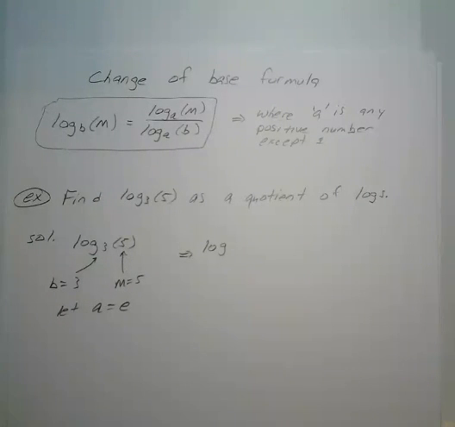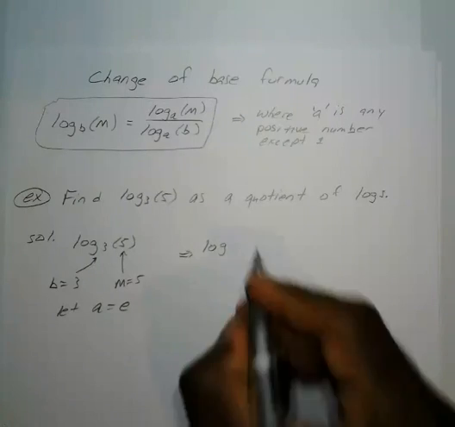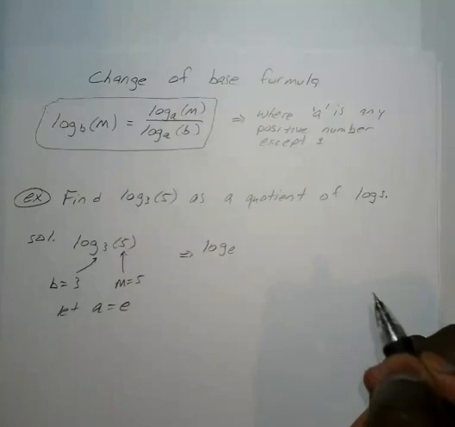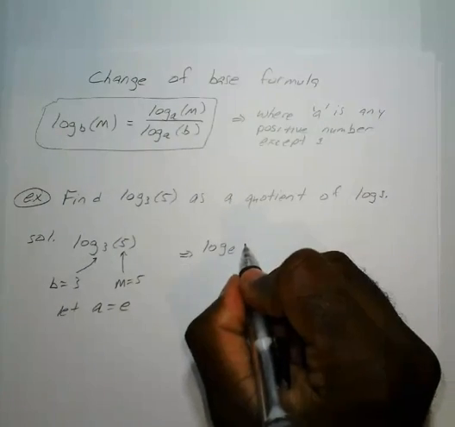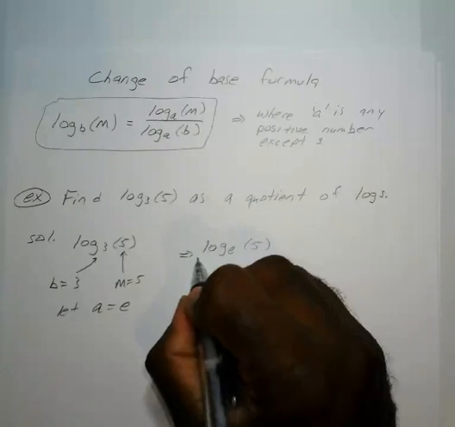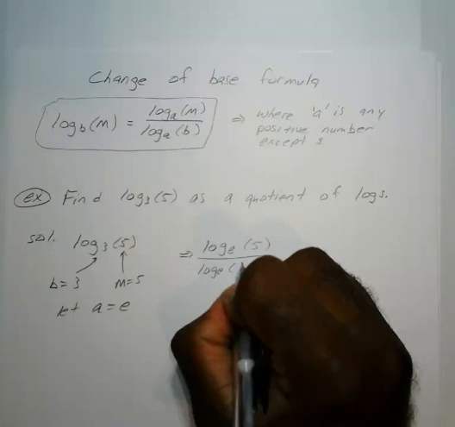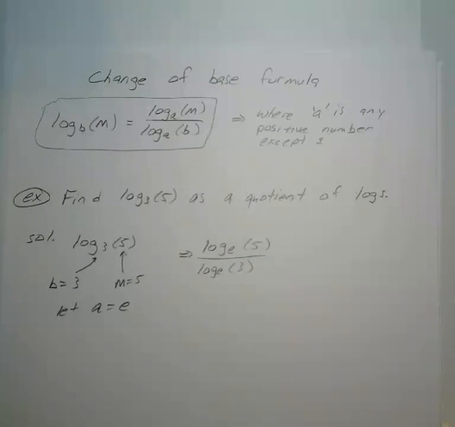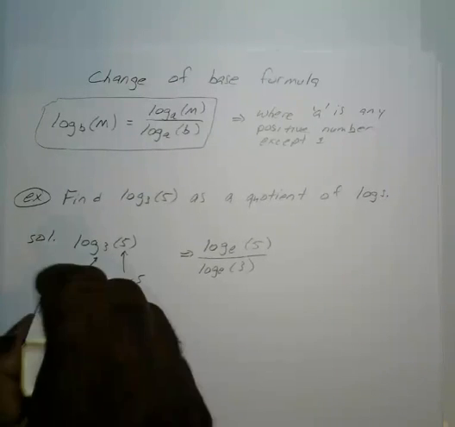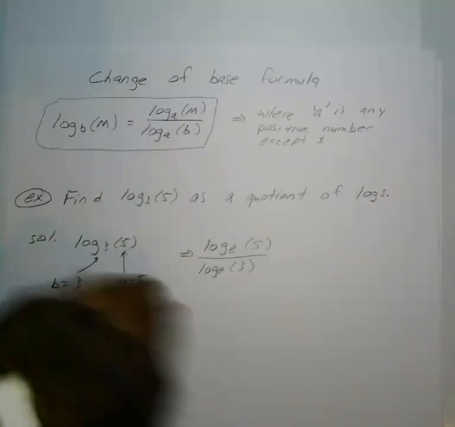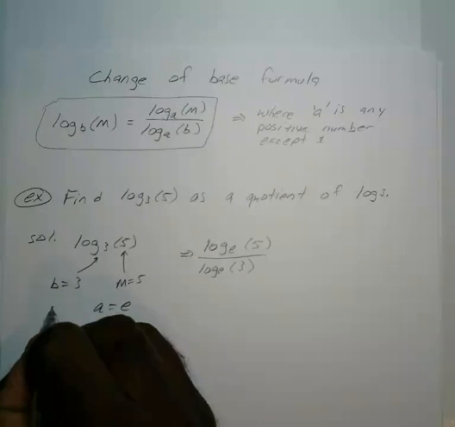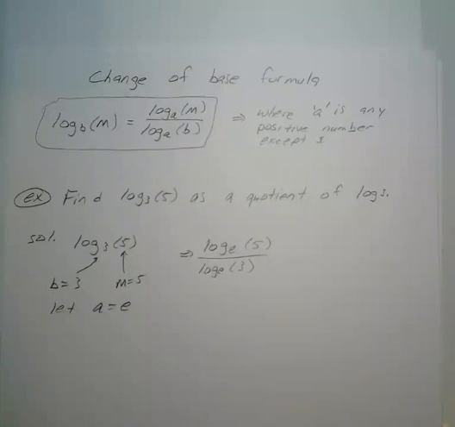And usually letting a equal e makes it a lot easier. So log base e of 5 over log base e of 3. I'll show you why letting a equal e is useful, because remember e is an actual number. Let me clean that up a little bit. Okay, so let a equal e.